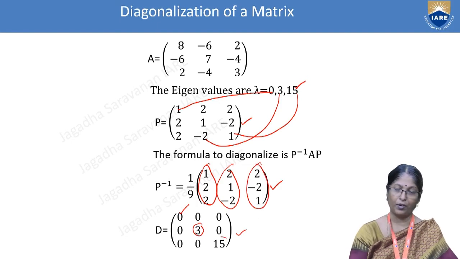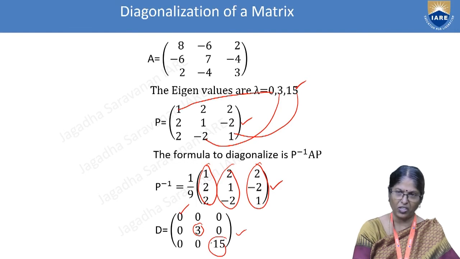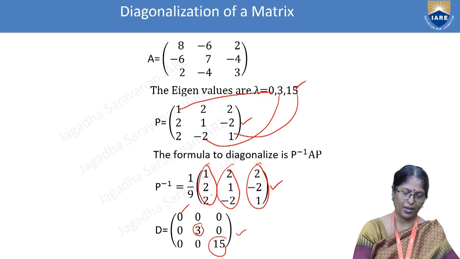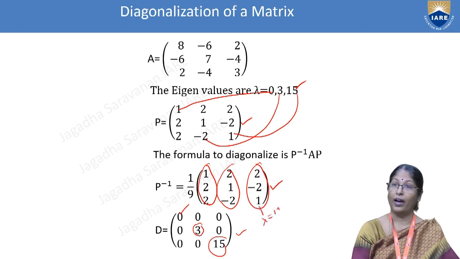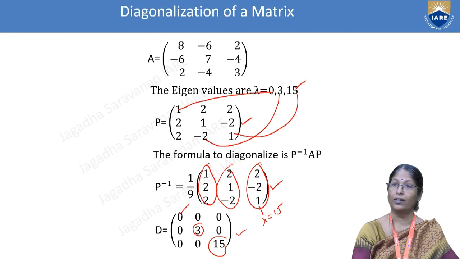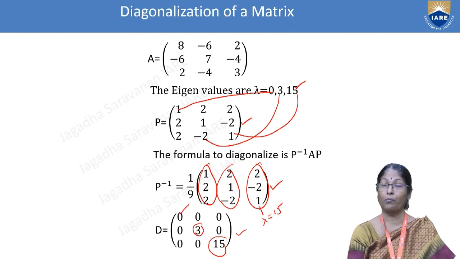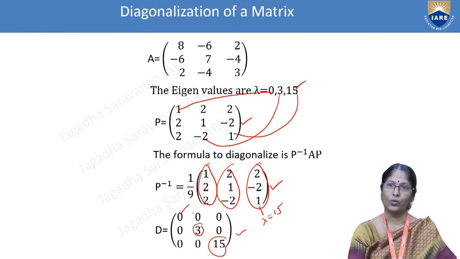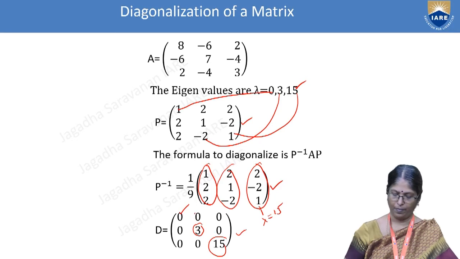While solving, we got it 15. But if we change the order, suppose this is the lambda equal to 15 eigenvector. If we place it here first and solve, automatically the 15 will be here. That is the beautiful concept of mathematics learning. So we completed the problem diagonalization.